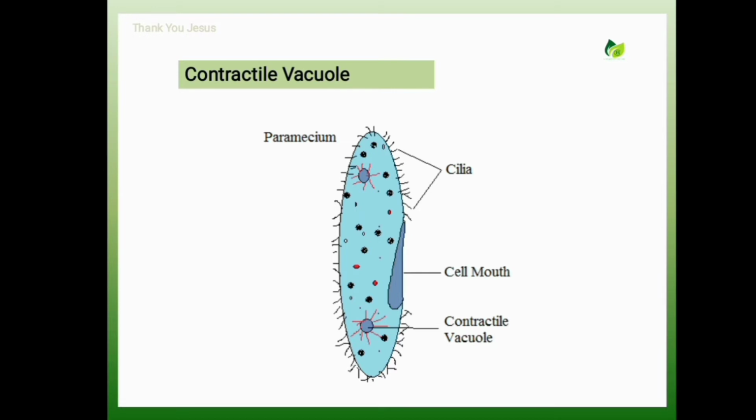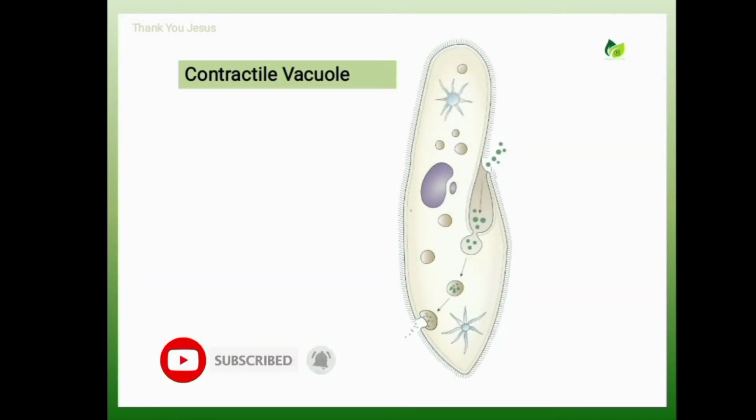This process is called diastole. Okay, so in this picture you can see the contractile vacuoles. Okay, it is actually observed in protozoa. So here you can see the paramecium structure.